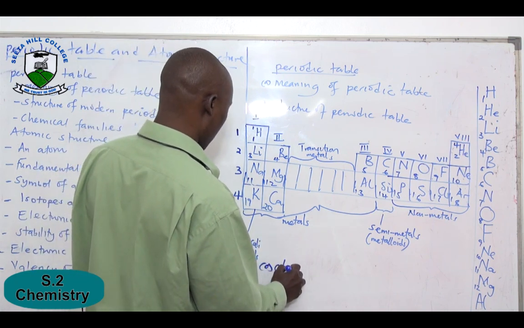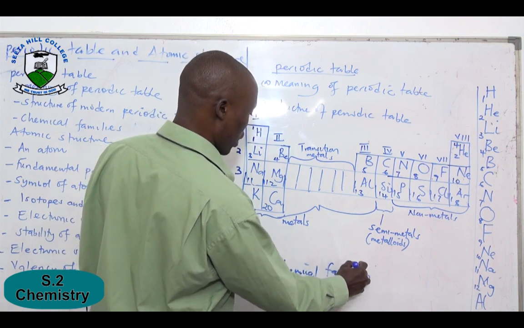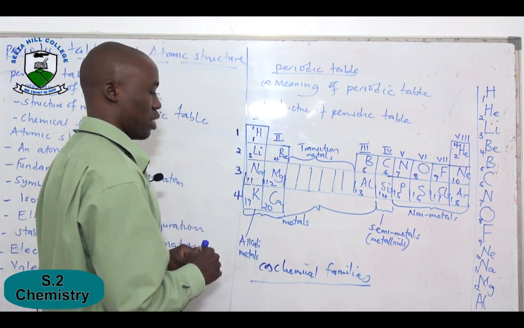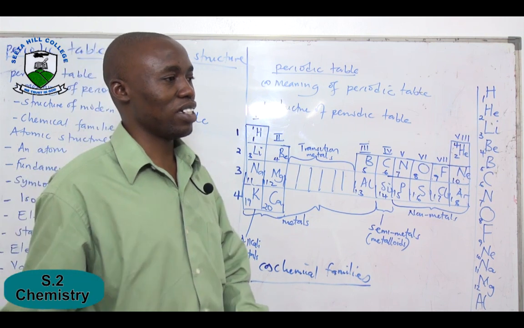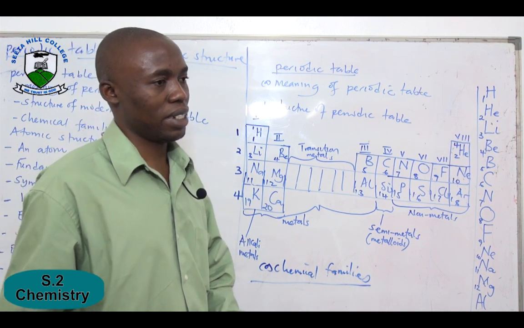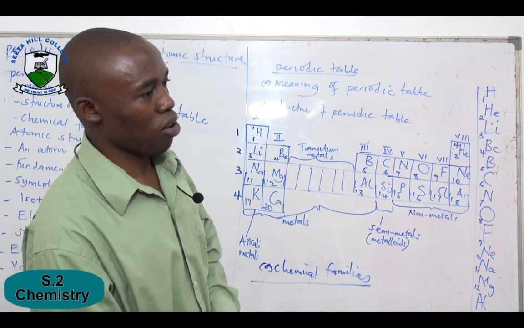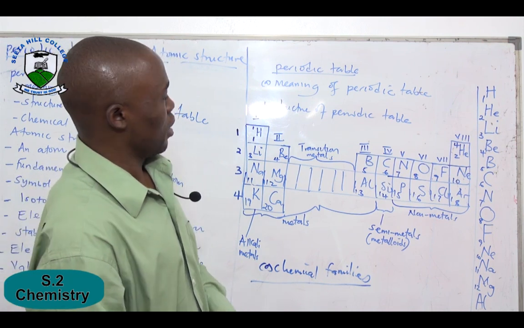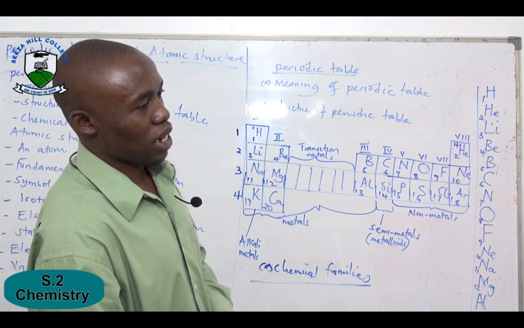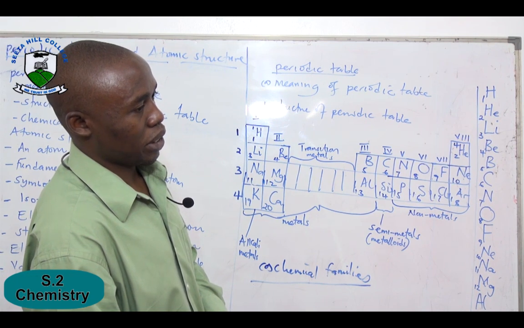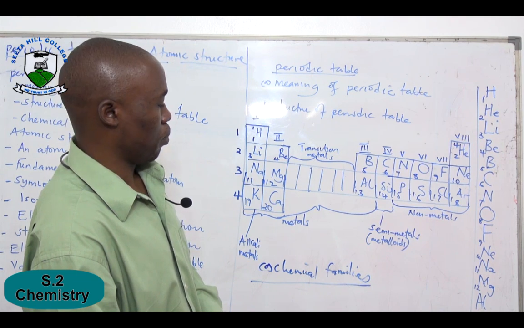Now, under the periodic table, we have chemical families. What is a family in your English? What does the word family mean? A group of elements with similar chemical properties is what we are calling a chemical family.